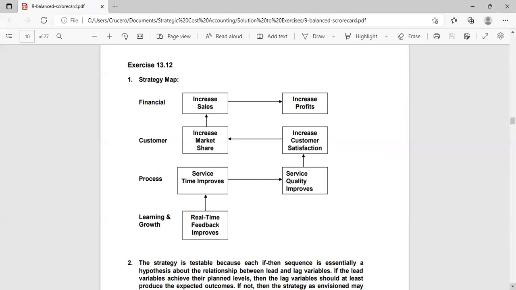So real-time feedback improves, service time improves, market share. So we have increased sales that will increase profit.